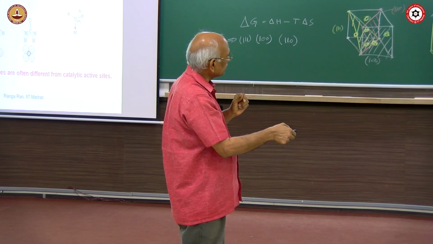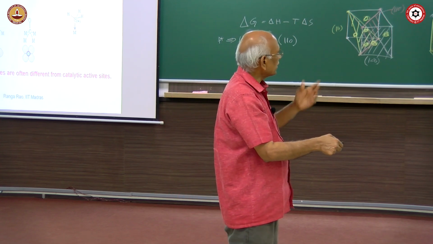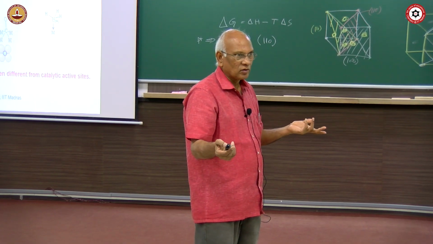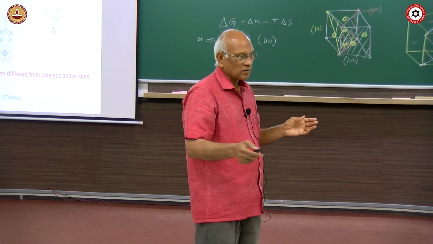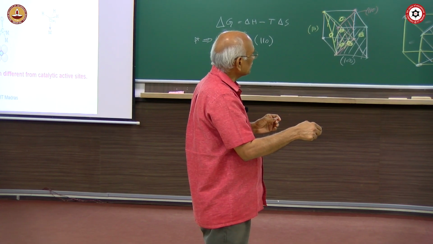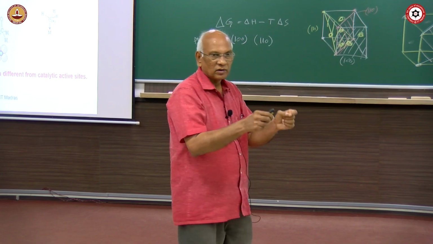So all these sites are possible. If you adsorb a halogen molecule, for example chlorine, it can dissociate into chlorine atoms. The chlorine atom can go and sit either on this fourfold site or on this threefold hollow site.